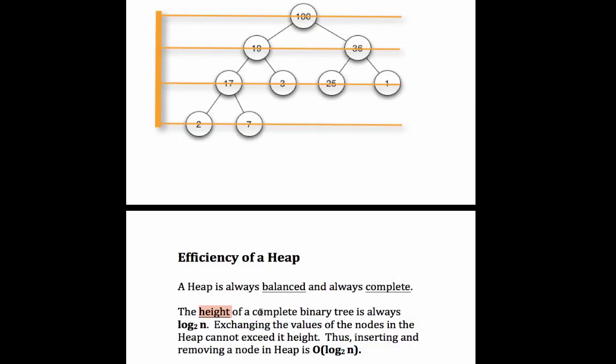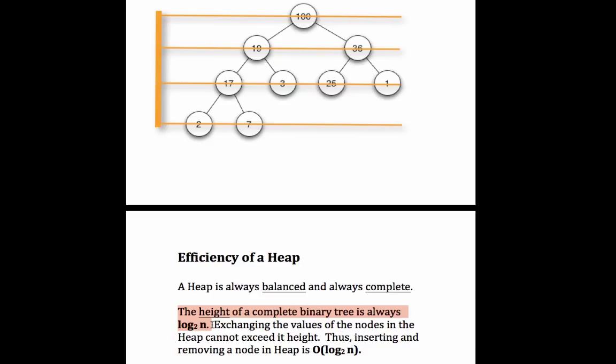But we also discussed in that video that when we have a complete binary tree, which is the case for a heap, then the height is going to be at most log base 2 of n, where n is the number of nodes.